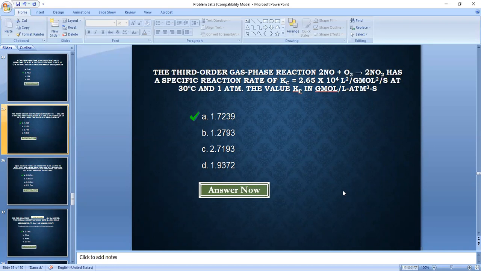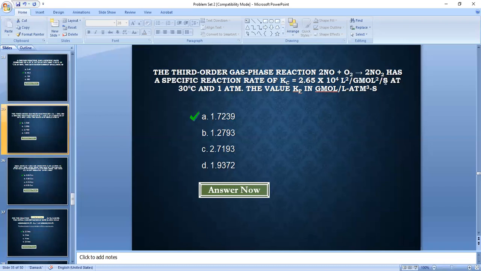But the specific reaction rate provided is in terms of concentration. You see this subscript C? So it's in terms of concentration. There's a need for you to have it converted in terms of partial pressure, because if it's a gaseous reaction, you're not using concentrations, but rather partial pressures. So how will you convert your K sub C to K sub P with this set of units?